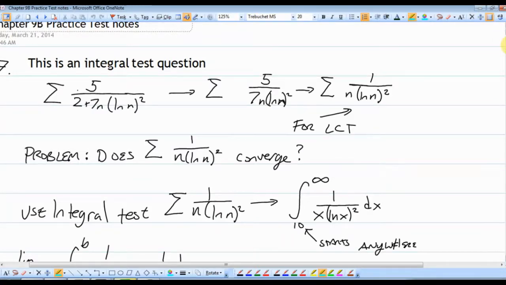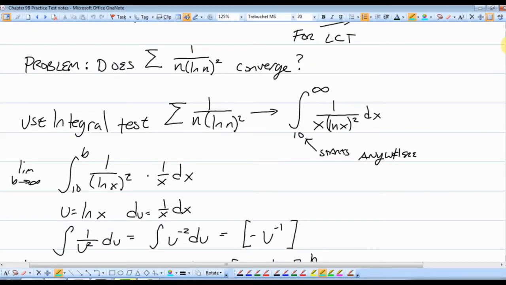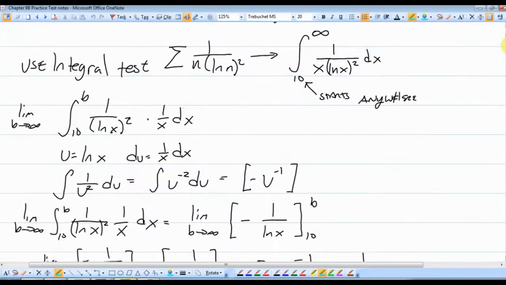What is the integral test? We were never taught the integral test. What the heck? Mr. Ferreria.